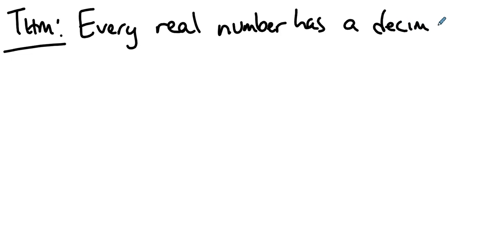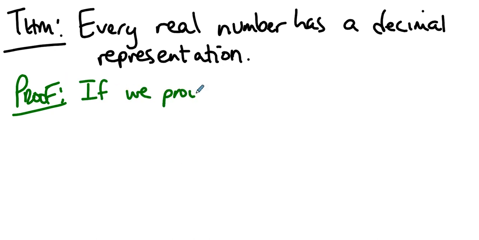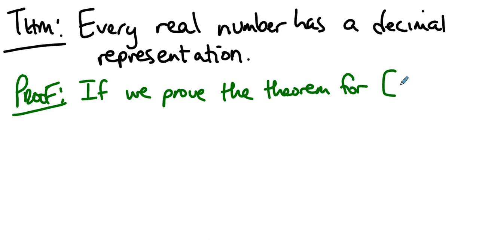Every real number has a decimal representation. There is no real number that you can imagine that you cannot type into a TI infinity calculator. Proof. If we prove the theorem for the interval from 0 to 1, we're done.